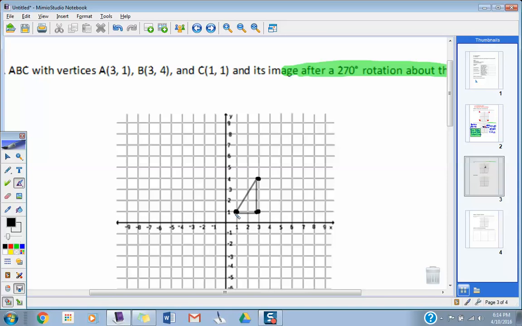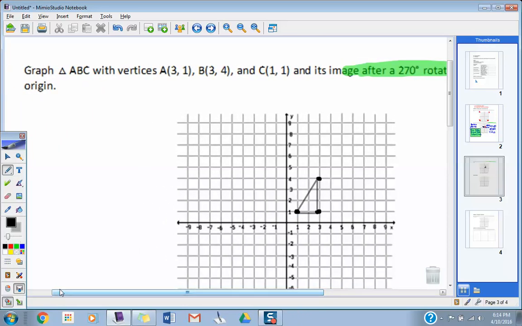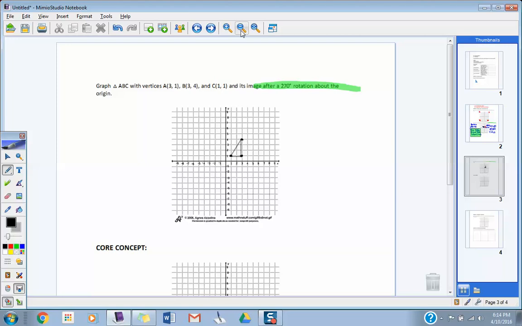And what we'll look to do here quickly is say a rule for the 270 degree rotation. So here it is. Rule for, basically it's 270 degrees counterclockwise or 90 degrees clockwise.